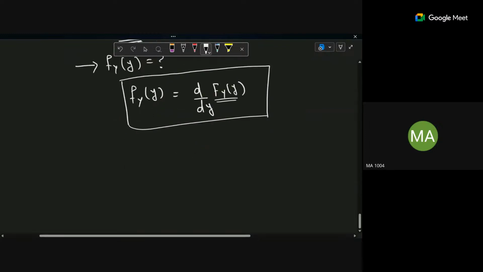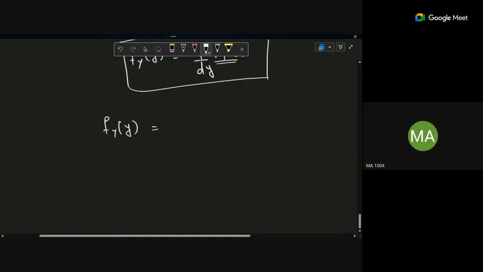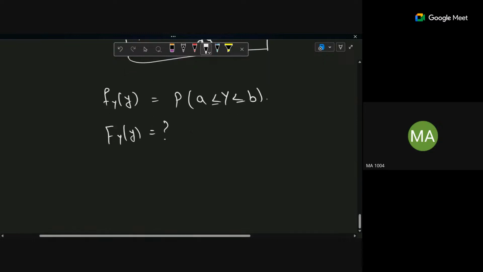Now, if you know the fy of y, that is the PDF, that is the probability that your y is lying from some point A to B, and you want to calculate the CDF, then you will integrate it, right? It will be the integration of your PDF, the probability density function. And what will be the limits? A to B?